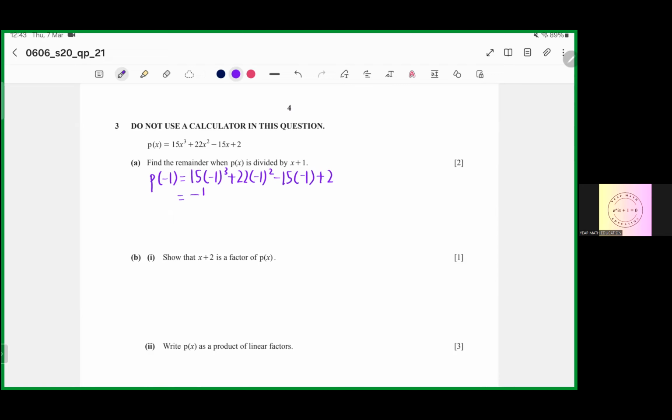Here we get negative 15 plus 22 plus 15 plus 22. So this here cancels, and then we get 24.